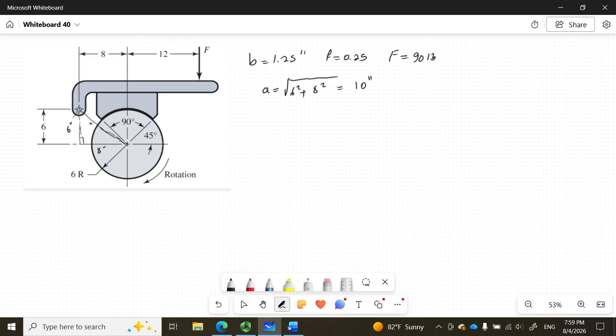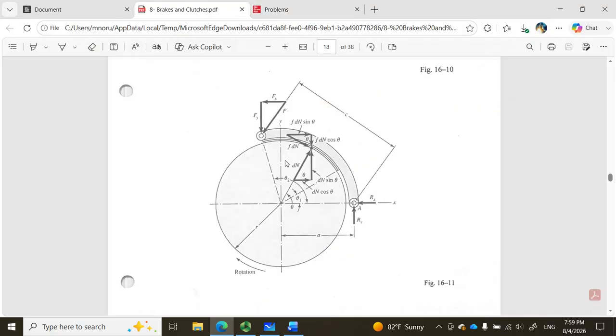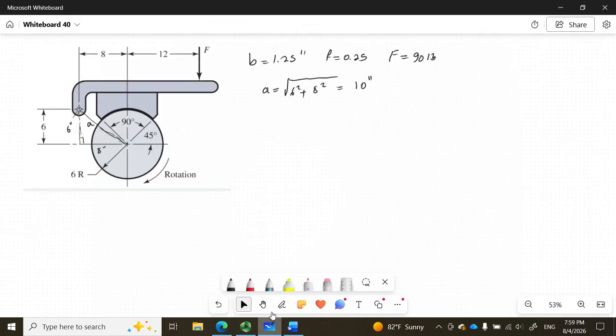Let me show it here. This is my A. So we have that, and then what else we need to figure out? If you look at our equations here, theta 1 is the angle measured from the pivot where the shoe starts, and theta 2 is where the shoe ends. So let's look at here. We are going to start defining our angle from this line.